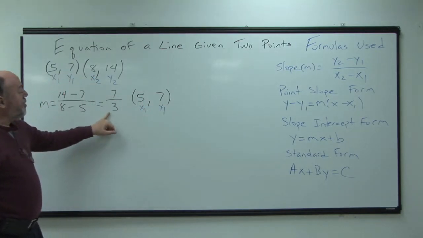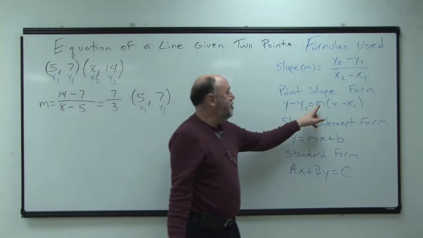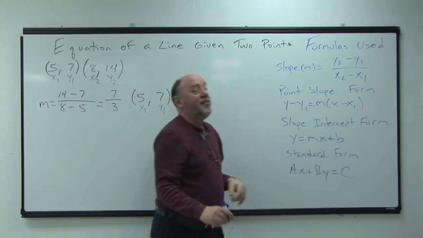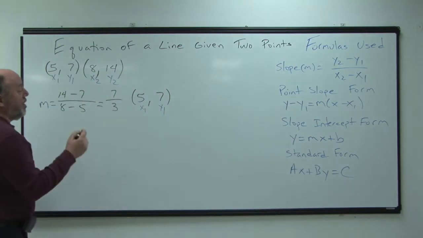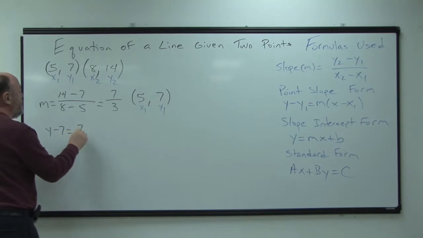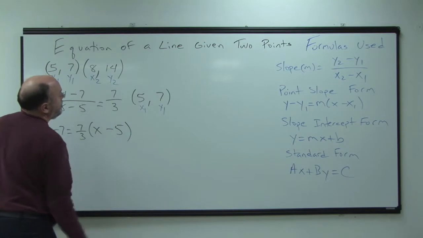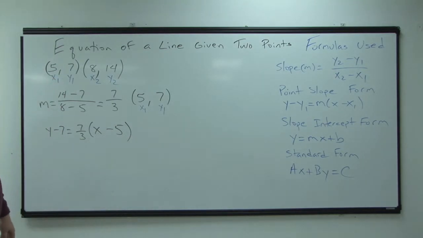So we have our slope m, our point x1, y1, and we're going to take those 3 numbers and plug them into this form. And so we end up with y minus 7 equals 7/3 times x minus 5. And that gives us our equation in point-slope form.